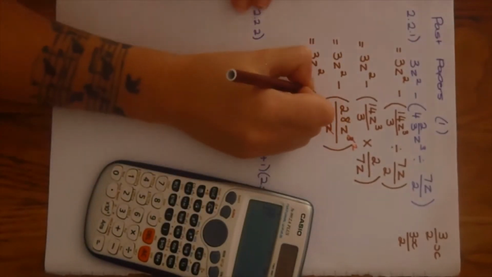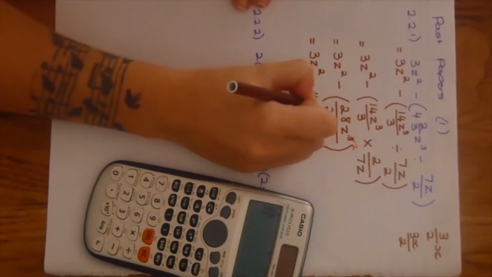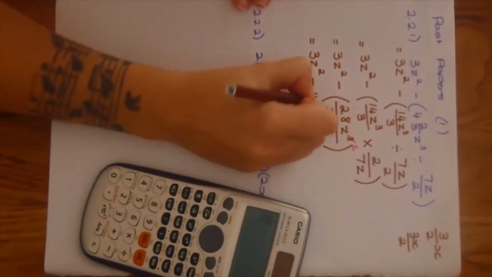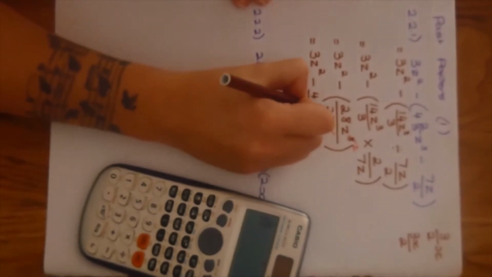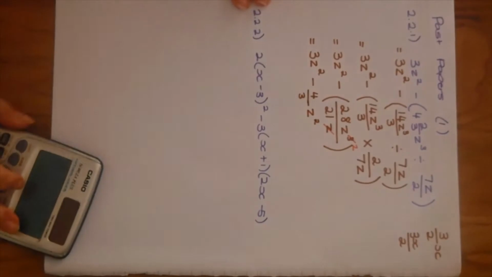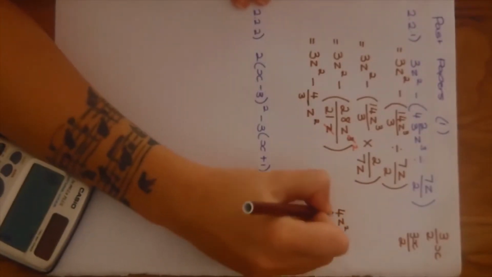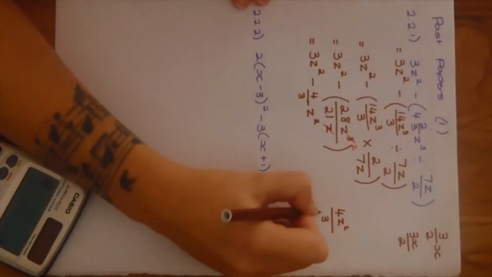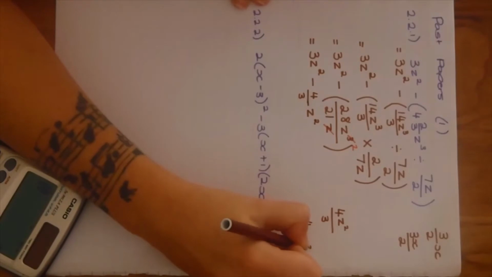So you can have 4 over 3 and you're still left with a z squared, which you can write at the top or you can write next to it. I'm going to write it next to it. I'll show you why. So this is z to the 2. For example, if I had 4z to the 2 over 3, remember I could rewrite it as 4 over 3 z2.